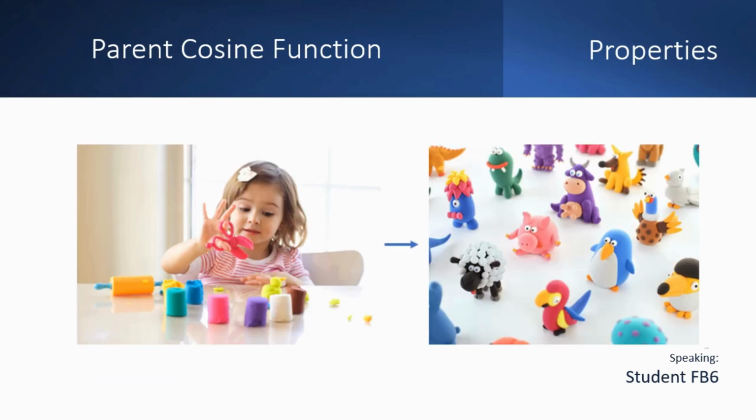An analogy that I can make for you to better understand what I mean by transforming the parent cosine function is that transforming a cosine function is like molding your modeling clay. Have you ever played with modeling clay? When you play with modeling clay, you can stretch it or compress it, squeeze it in all sorts of forms, and you can even accumulate it for it to grow in size or divide it into little pieces.